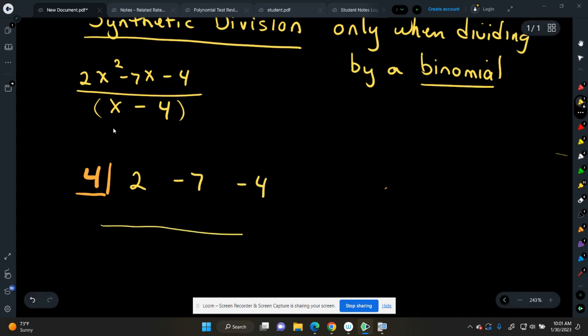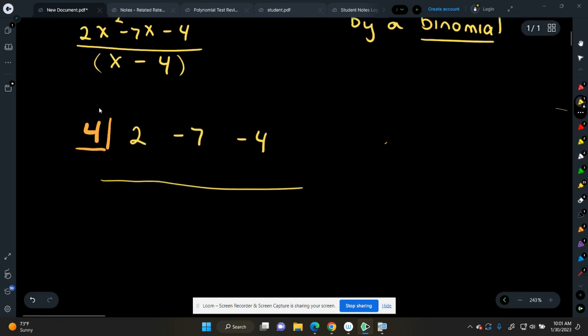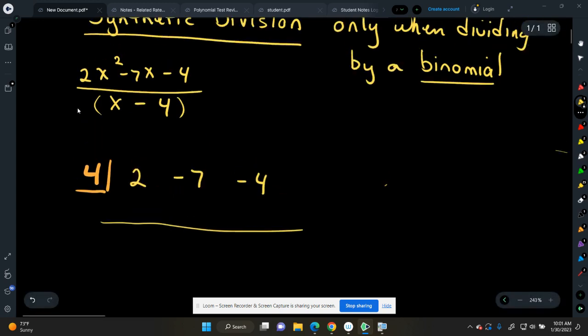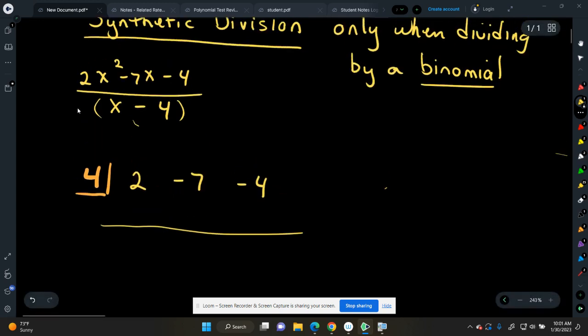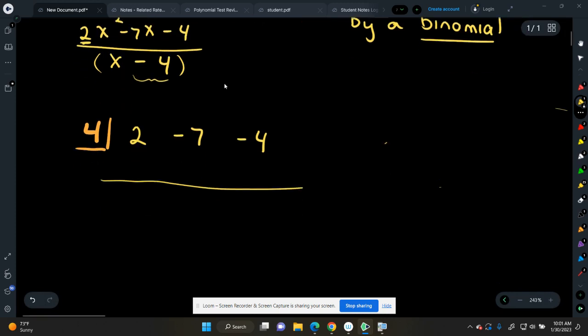And we're going to draw a line. Leave a space for your line. So again, we took the opposite of this number, and that goes in our little corner. Then we took the numbers, and we wrote those out. So here comes the synthetic division part. First thing we do, we're going to bring that 2 down.